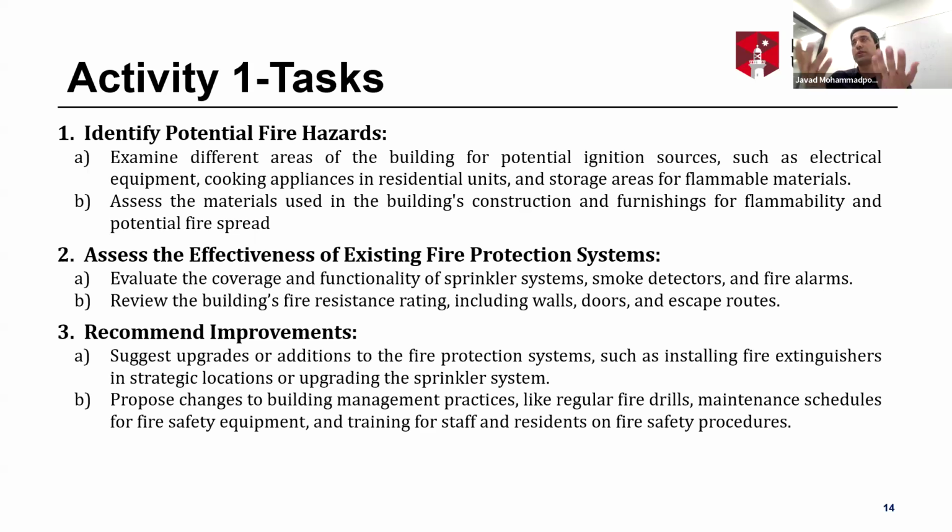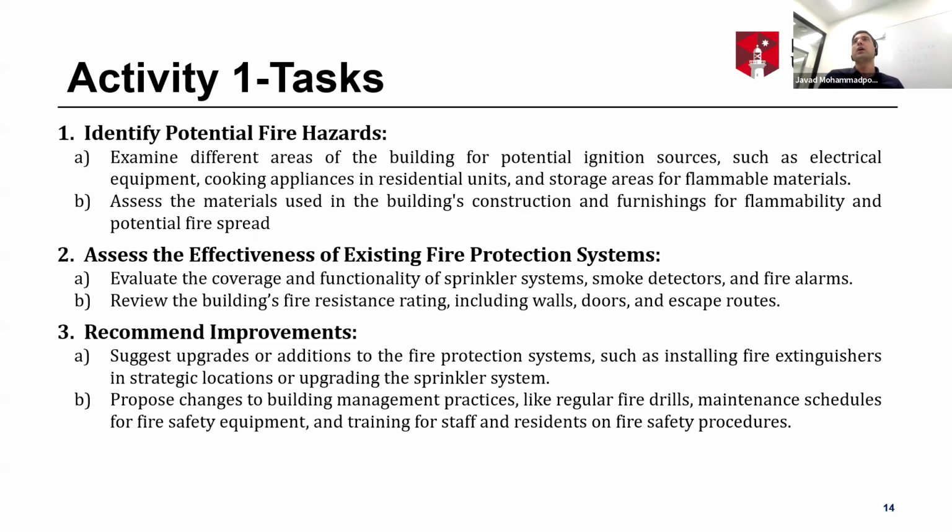So you can provide additions, upgrades, and recommendations, and you can also change the frequency of the maintenance. For example, from every 6 months you can change it to monthly, based on the risk of fire. If you see that there is a hazard, you can change that.